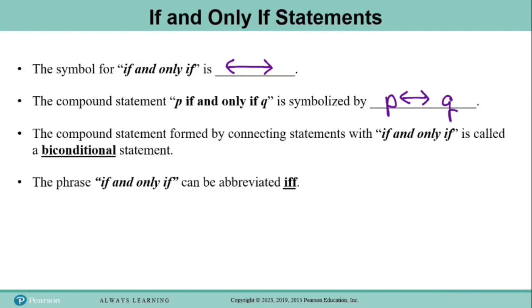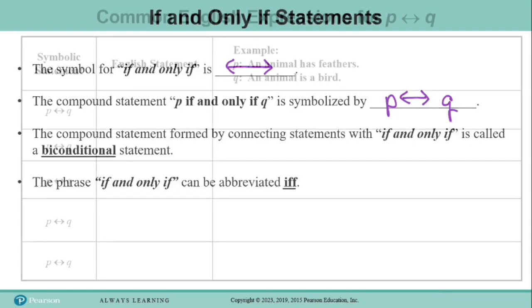Now it won't come up very often for us in this class, if at all, but it's not unusual for the phrase if and only if to be abbreviated by IFF. So if you ever see this, it's not a typo where somebody accidentally typed a second F. What you're seeing here is an if and only if statement, but it's abbreviated instead of being typed completely out.